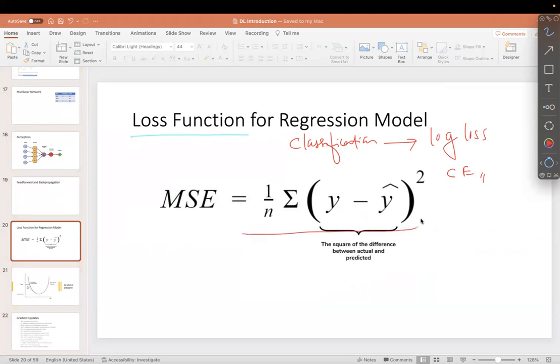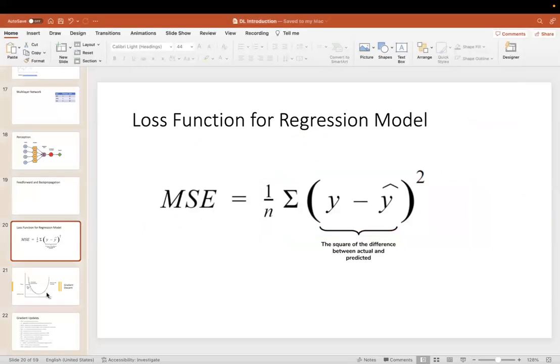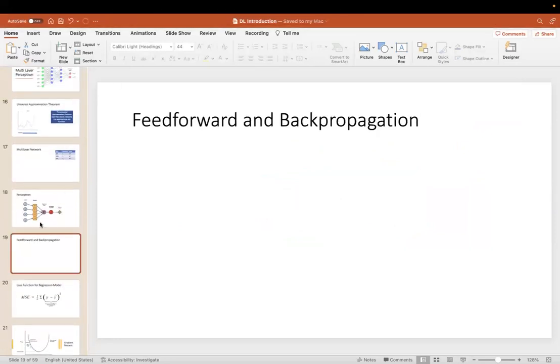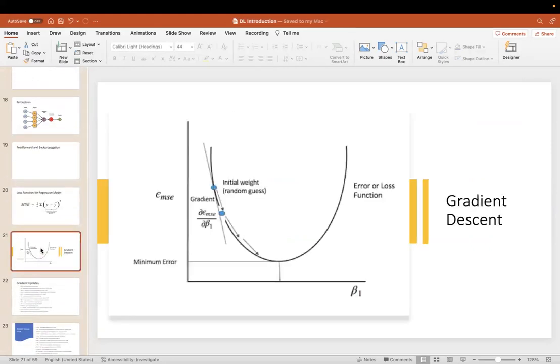These error functions are very important to define, and we have to specifically mention them when we build a neural network model. And then we also understood what feed forward and back propagation are, what the back propagation step is, and also what a gradient descent step is. Any questions so far?